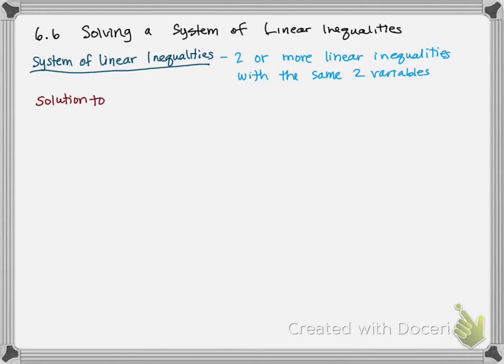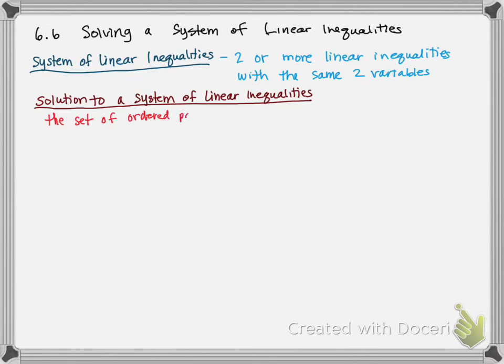A solution to a system of linear inequalities is going to be the set of ordered pairs that satisfy, or make true, all of the inequalities in that system.